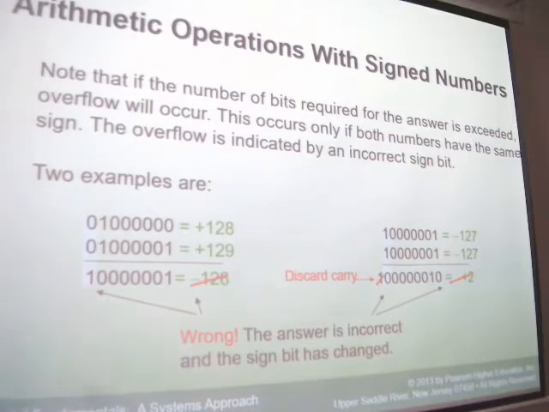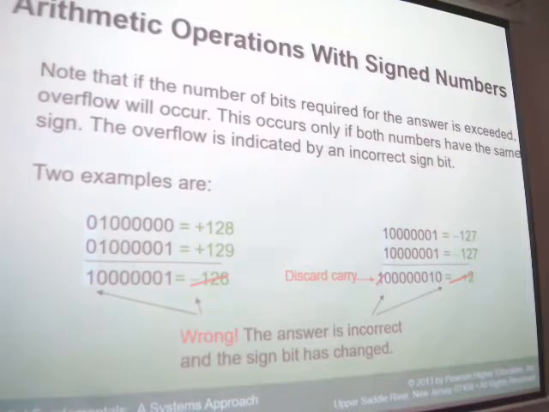If we only use 8 bits to represent all binary numbers, the minimum value is minus 127 and the maximum value is 128.